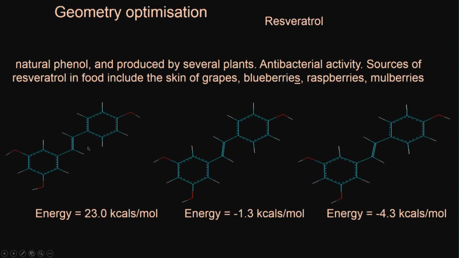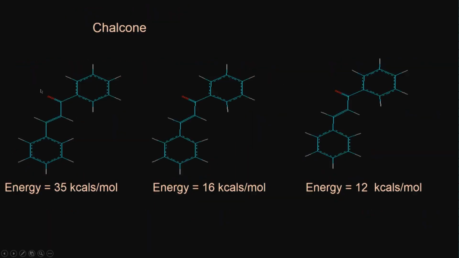Chalcone looks like resveratrol, but it has a ketone. There is an alpha beta double bond here, and we again have phenyl rings here. Look at this, it is 35 kilocalories, goes down to 16, goes down to 12. So, the way they hold themselves here makes a lot of difference.